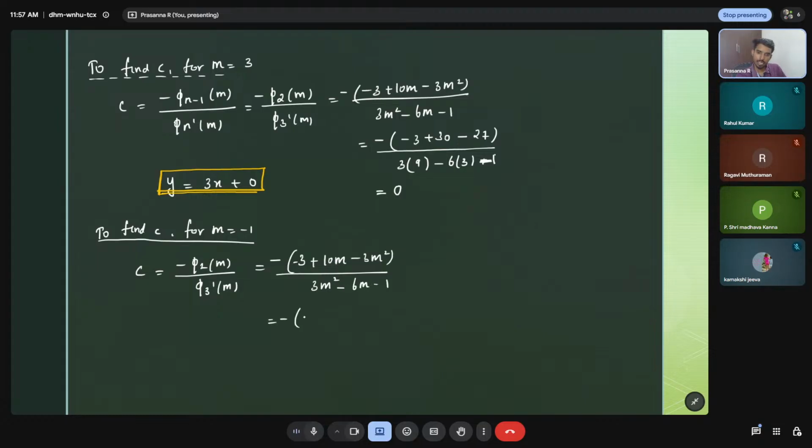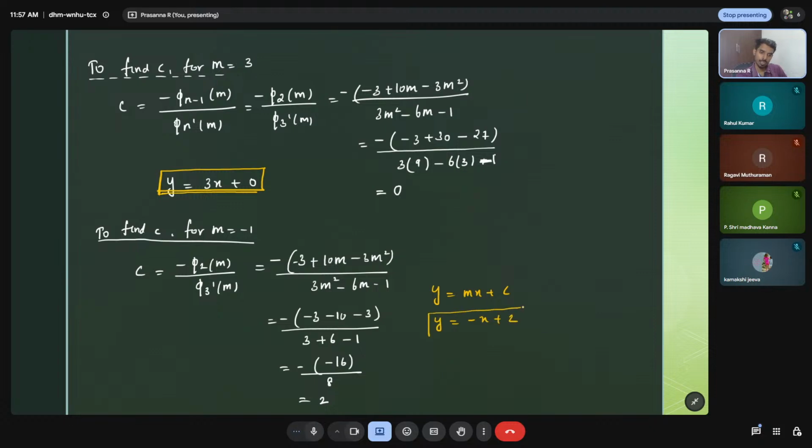For m is equal to minus 1, this will be minus 15 by 8. So 2. So the third oblique asymptote is y is equal to mx plus c. So minus x plus 2.